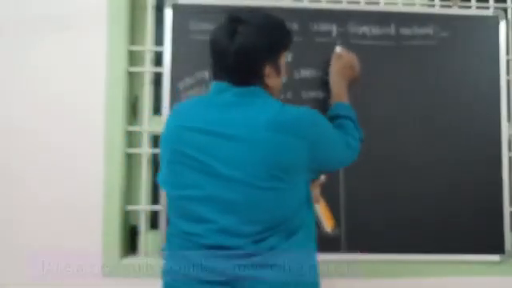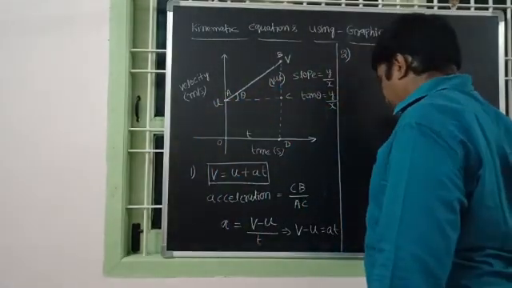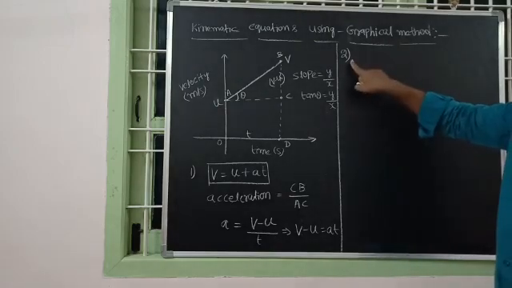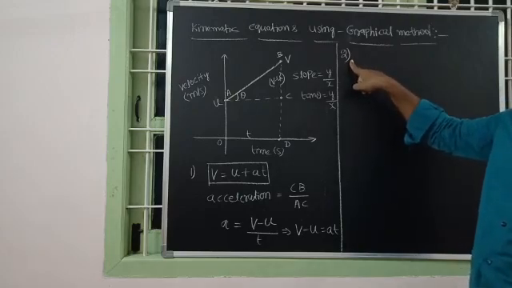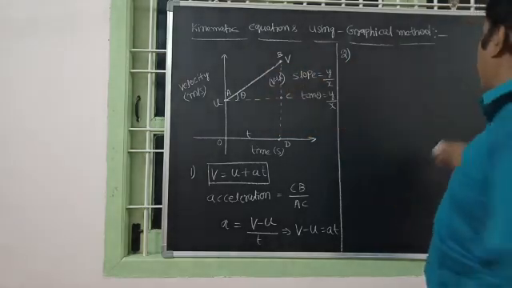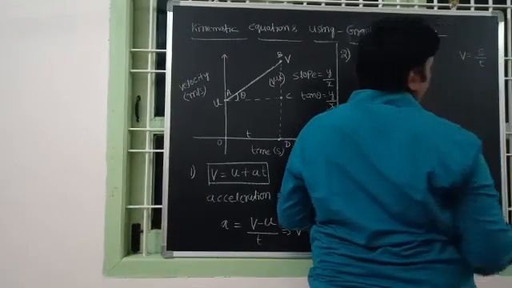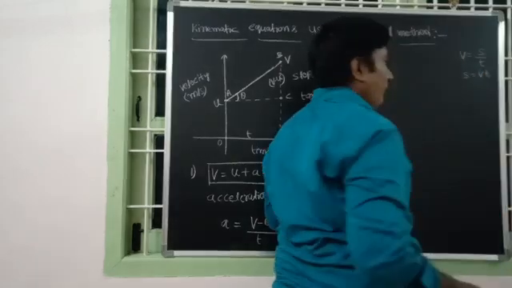Next, the second one. The second equation is S is equal to ut plus half at square. S represents displacement. With this, you have proved velocity v is equal to displacement by time, so S is equal to vt.